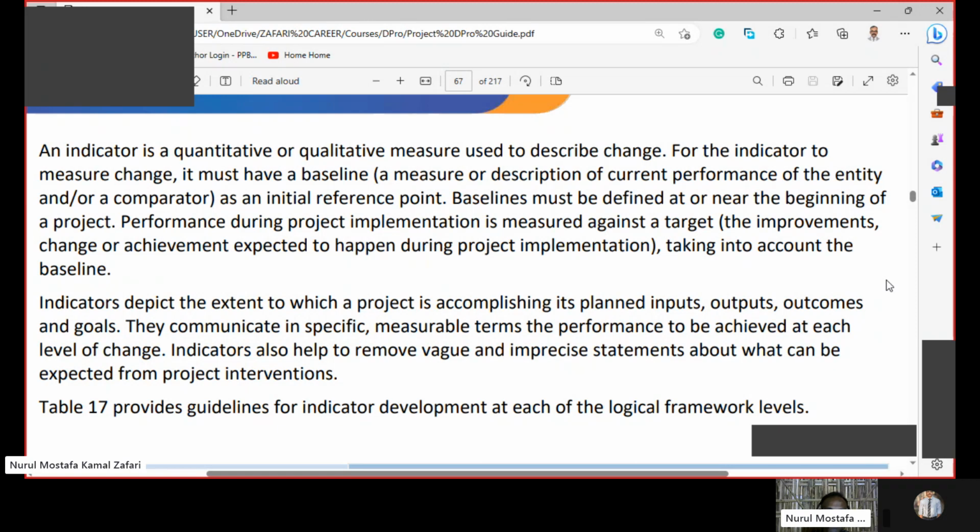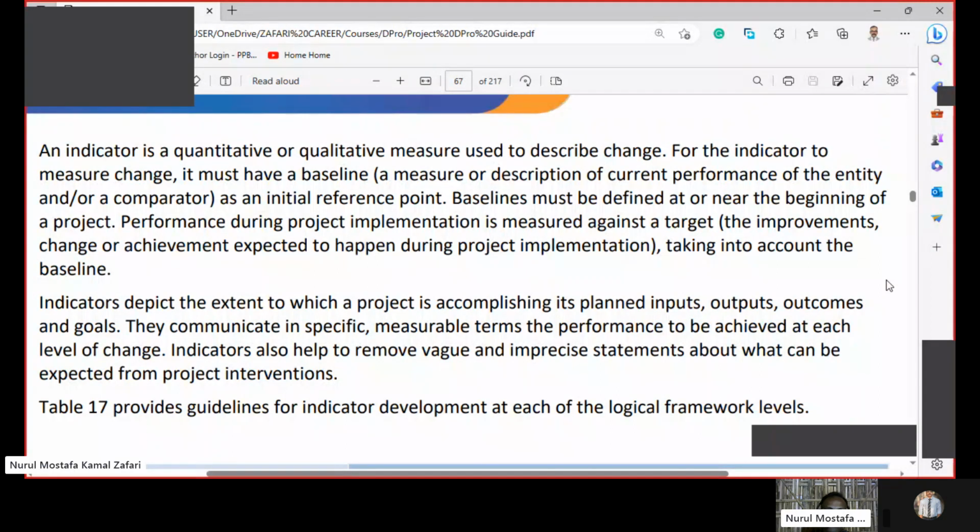Indicators depict the extent to which a project is accomplishing its planned inputs, outputs, outcomes, and goals. They communicate in specific, measurable terms the performance to be achieved at each level of change.